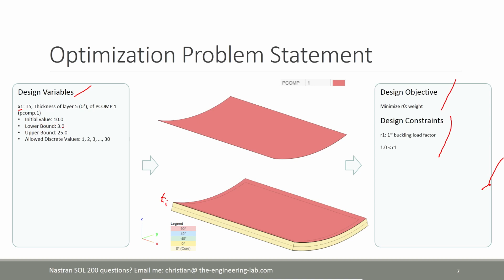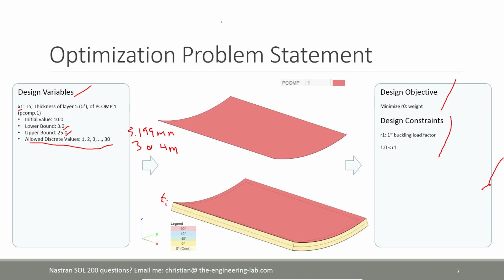We're going to let the thickness range between 3 and 25 millimeters. We don't want fractional values. For example, we don't want 3.19999 millimeters. We want either 3 or 4 millimeters. So we're going to specify discrete values between 1 and 30 millimeters.